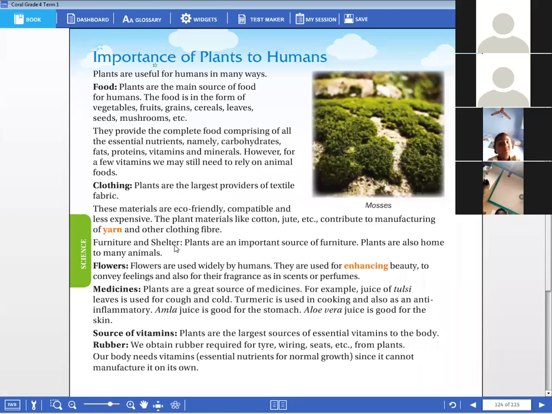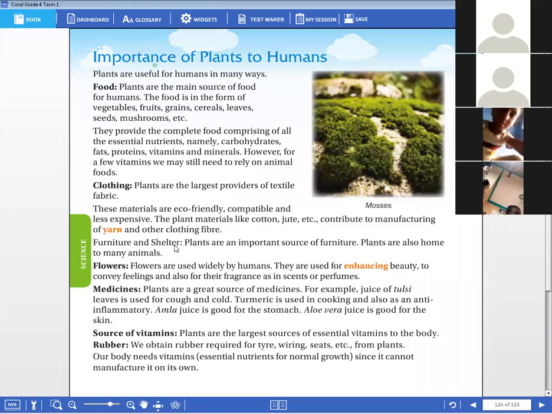And rice we eat. It is also from plants. Even the chapati, roti, whatever you eat, the cereals, pulses, all we get from plants only. In the form of fruits and vegetables also, we get them from plants.